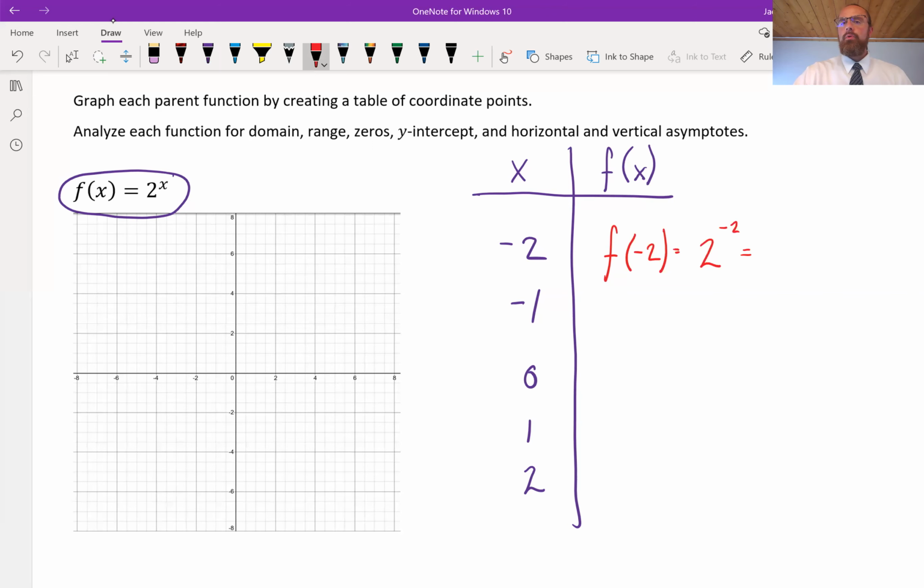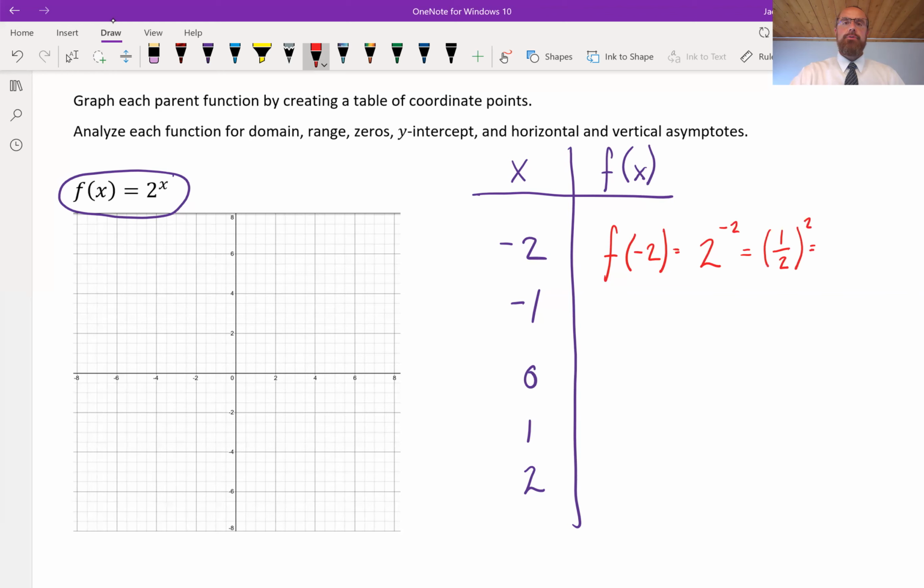We need to remember what happens when I raise a number to a negative power. It does not make the number negative. In fact, all it does is flip the number over. It gives us the reciprocal. So 2 to the power of -2 is the same as 1 over 2 to the power of +2. See how that flipped over.